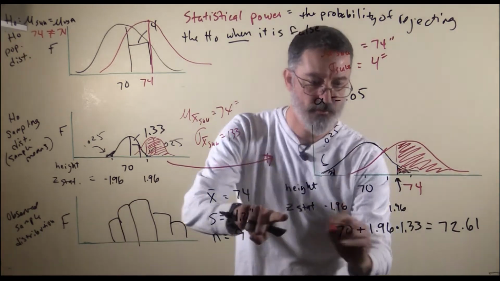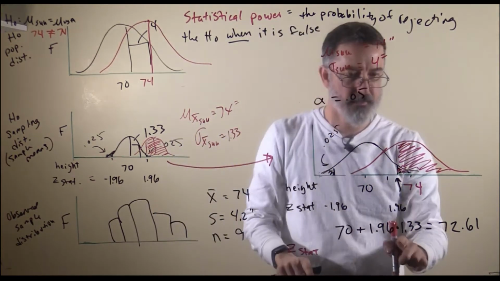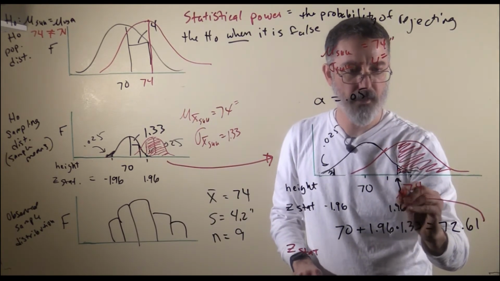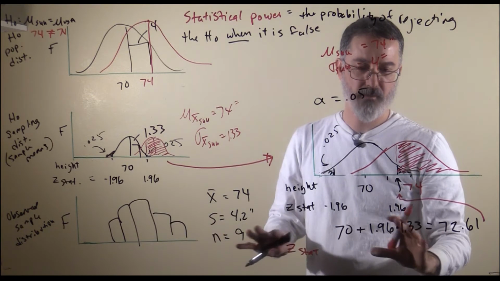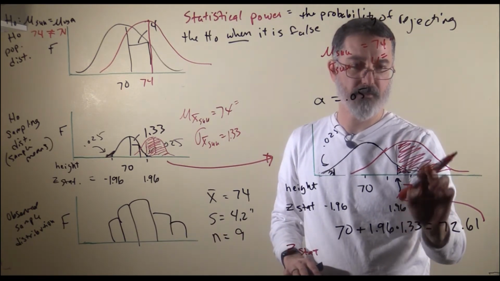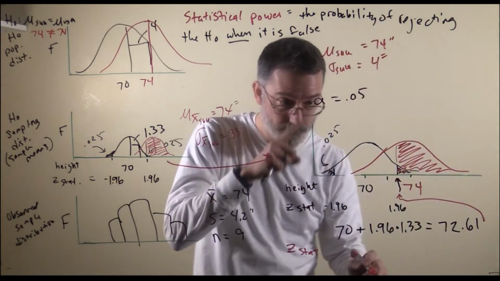So now we're going to calculate the Z statistic of 72.61 on the red distribution. Right, so we need to turn this raw height unit back into a Z-score on this red distribution so we can use the Z table.